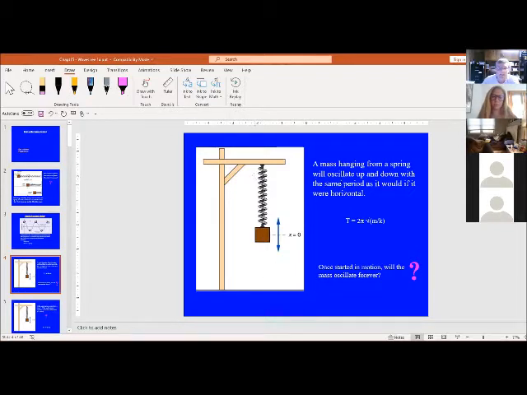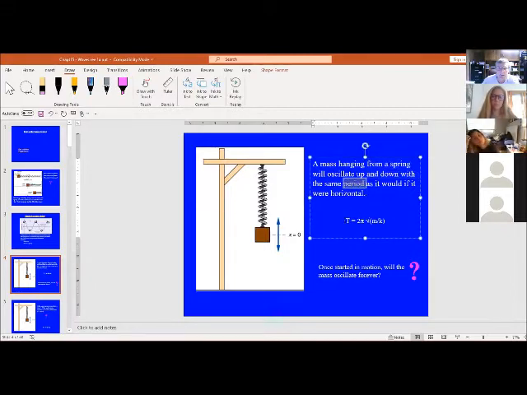We call it the period, right? Period is given the symbol tau. And now we have a formula for it. Instead of just timing it, we can now predict it.